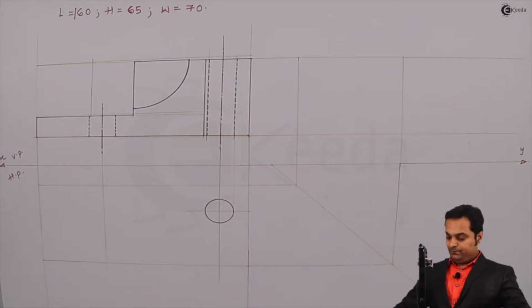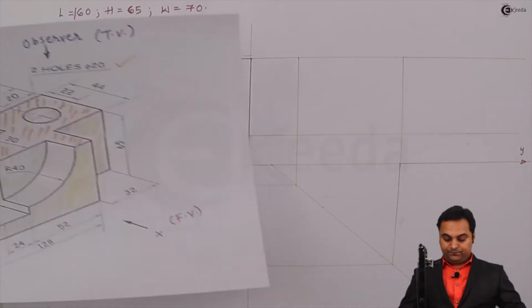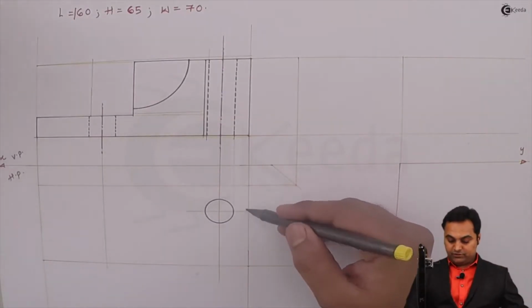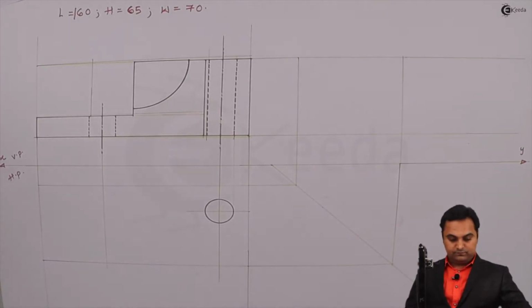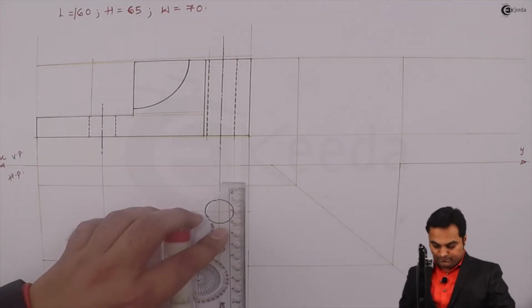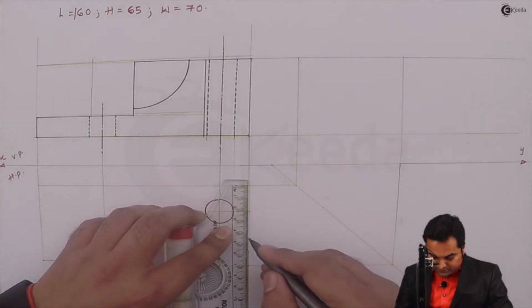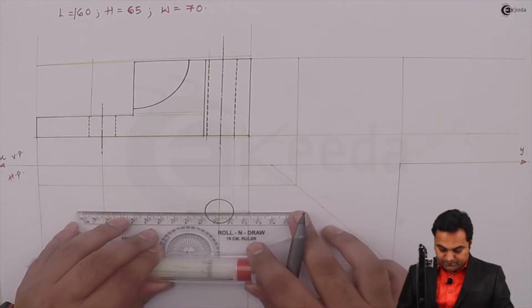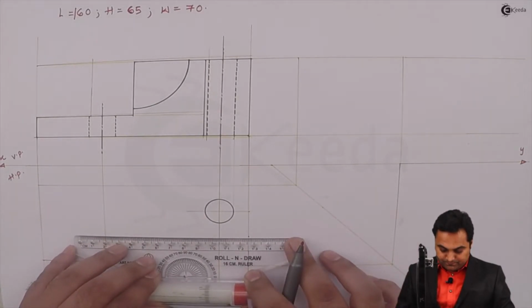Then after that, it has a width of 44 mm from this corner, measuring 44 mm, and then drawing a light horizontal line through it.